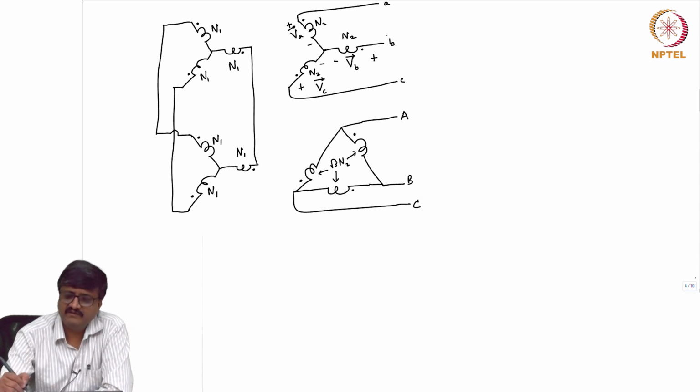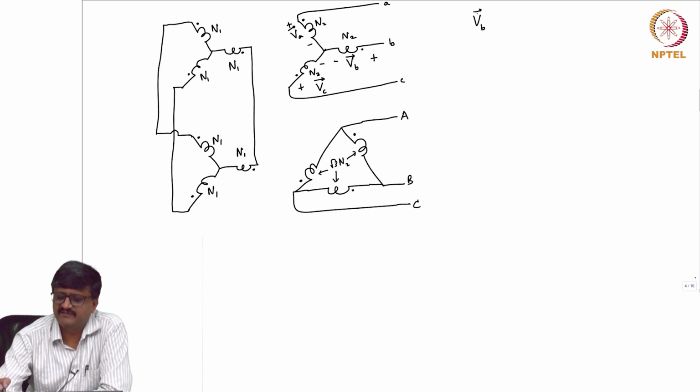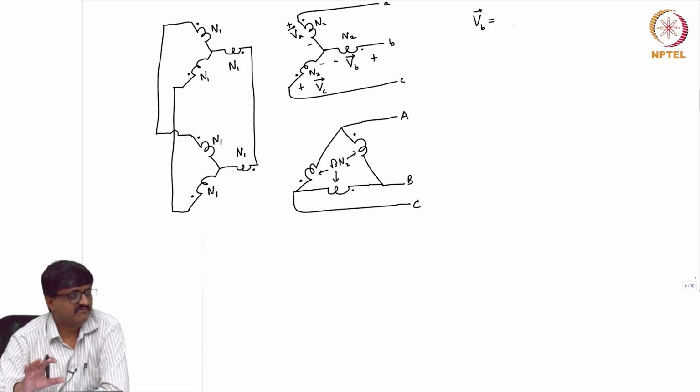Now, between A and B, what is the voltage? Suppose I take one of these as reference. Let me assume that I have only sinusoidal voltages.